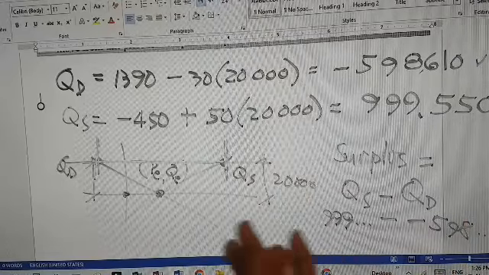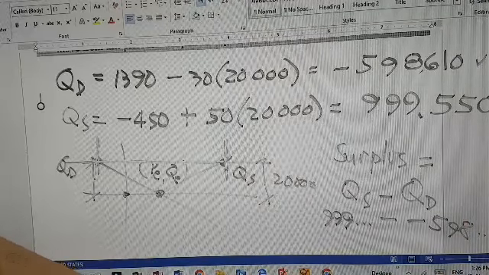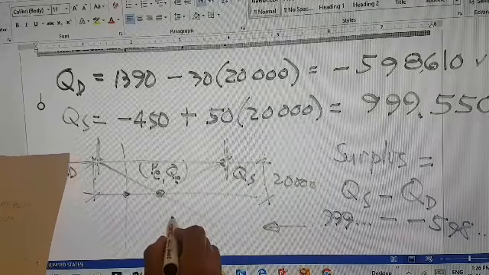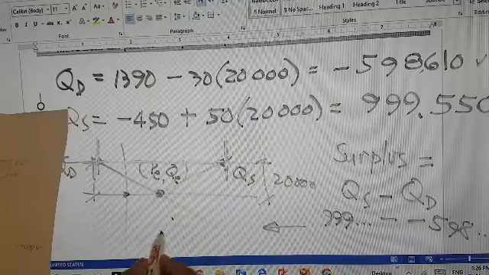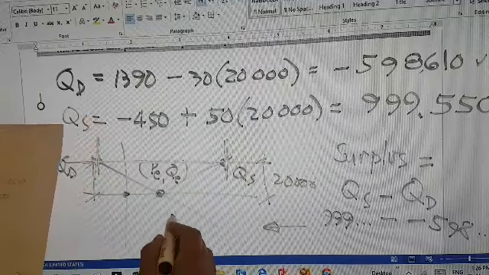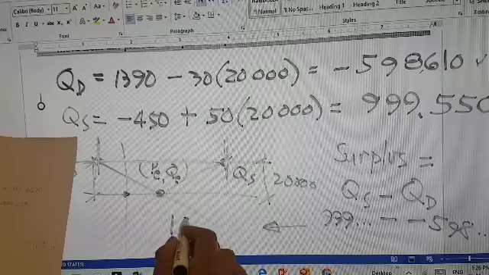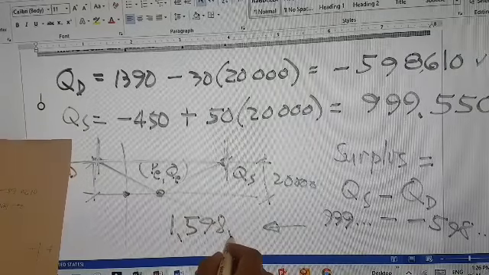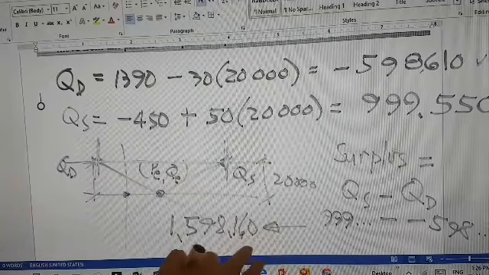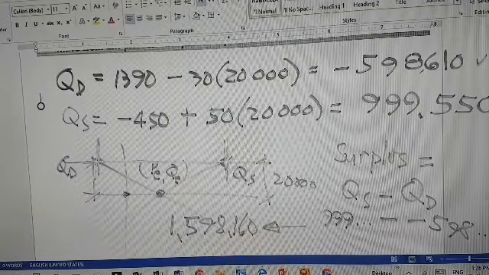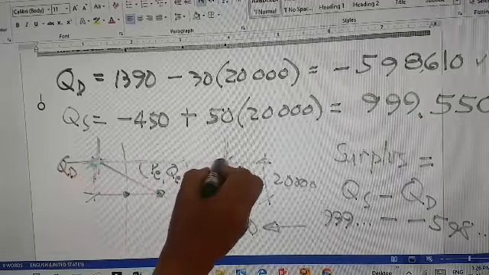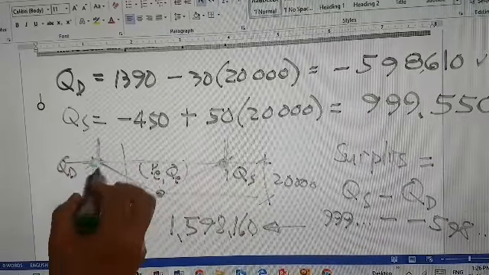I'm not going to fill that up anymore. And you get a value of, this was pre-calculated, 1,598,160. Okay, so that is the difference between these 2 points. That's the surplus.